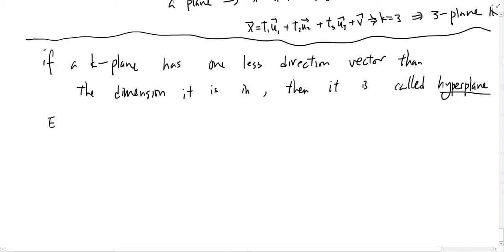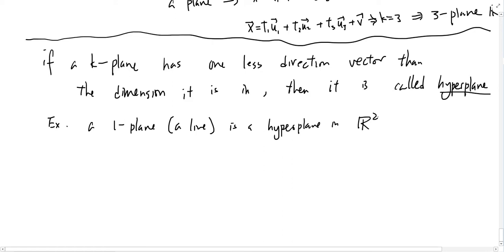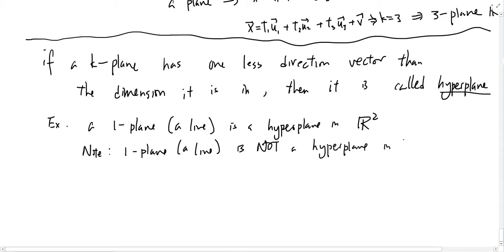So, for example, a one-plane, or technically a line, is a hyperplane in R2. However, note that a one-plane, or once again a line, is not a hyperplane in R3 or higher.